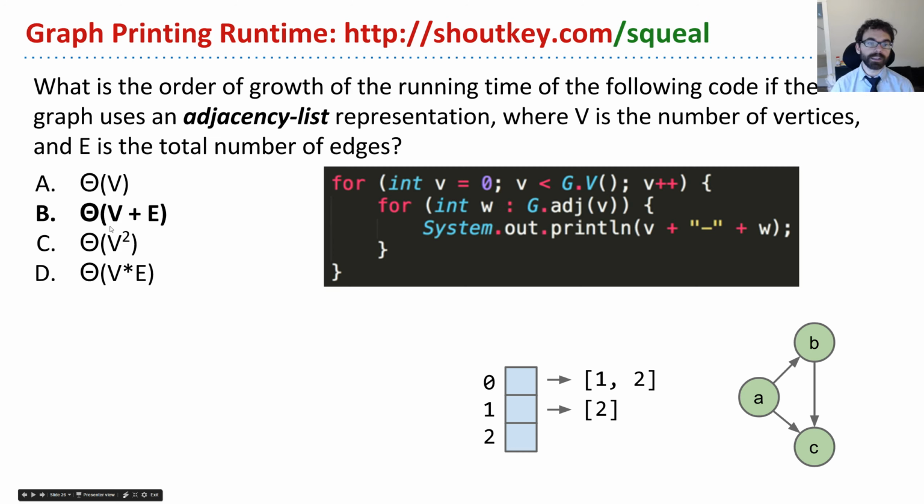You'll see it time and time again. This notion that, well, it kind of depends on the graph. If it is a sparse graph with few edges, it'll be theta v. If it's a dense graph with lots and lots of edges, that has many more edges than there are vertices, then it'll be e. And so we could say that overall the runtime will be theta v plus e. Okay. So this is something to get used to, something you'll see time and time again. And those are our basic representations.